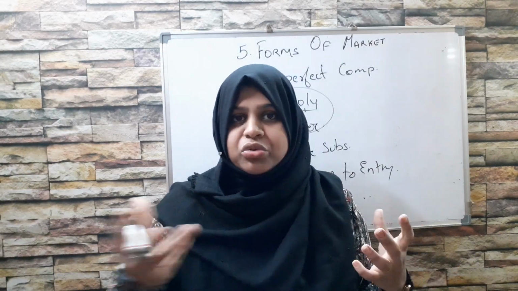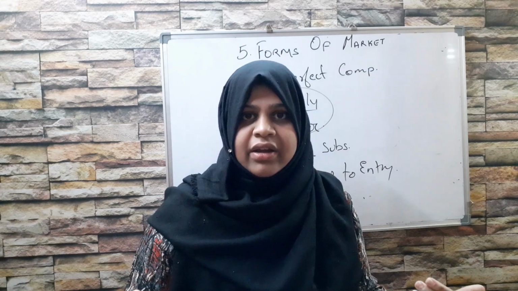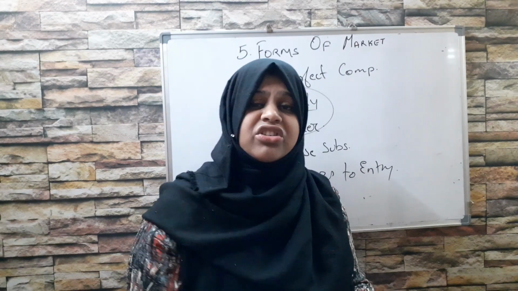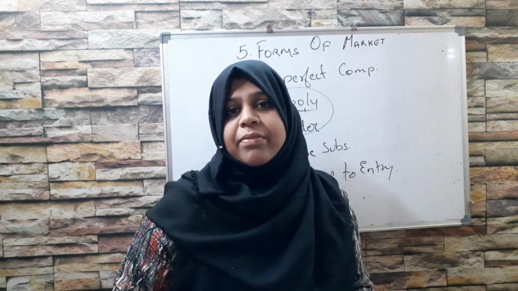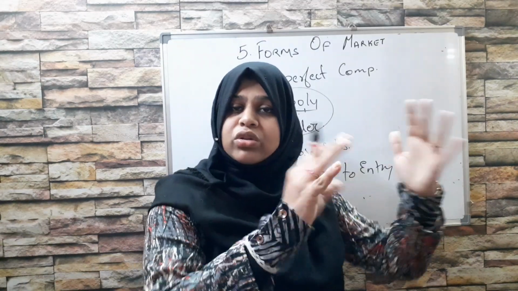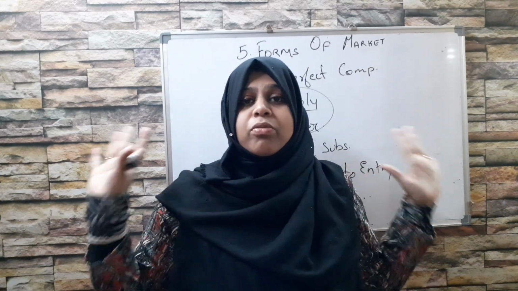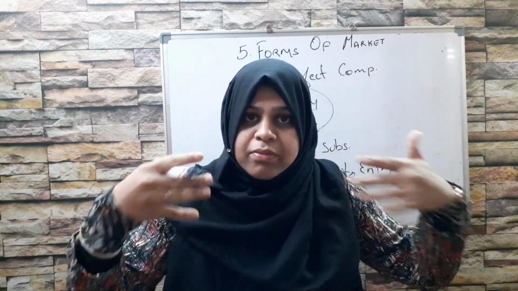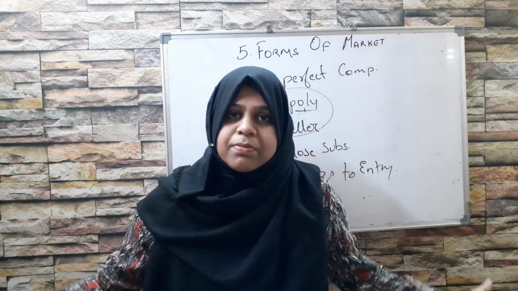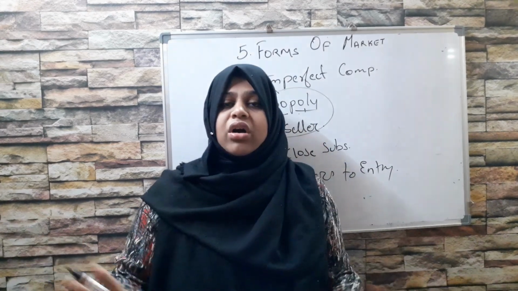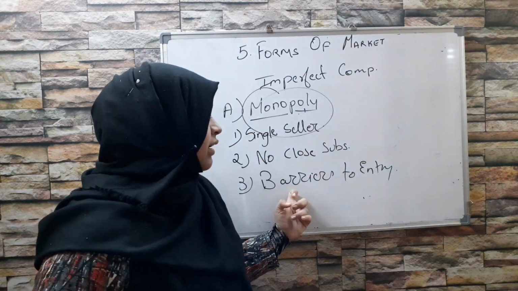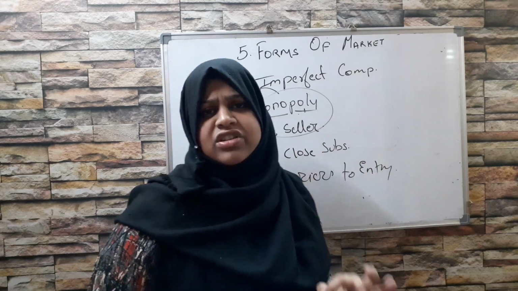Once too many people enter a market, it will no longer remain a monopoly. So the most important feature of this type of market is barriers to entry. The more people are kept out, the more the monopolist is going to enjoy. The more people come in, the monopolist is going to lose all his power, and then it will no longer remain a monopoly. So for a monopoly to happen, there should be a lot of restrictions.